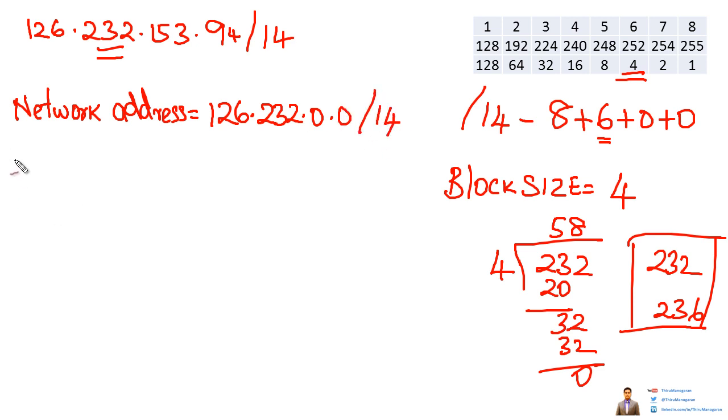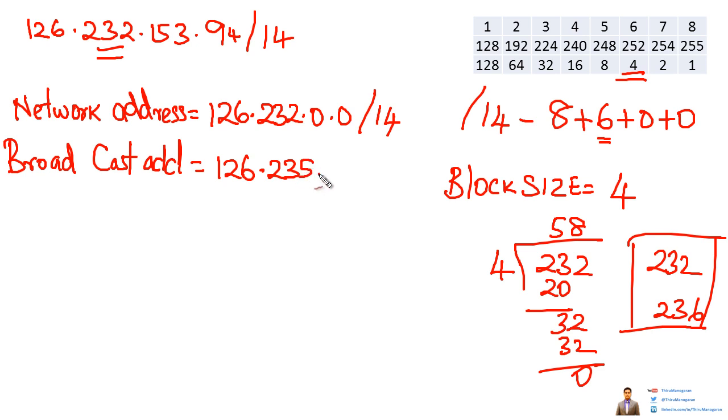The broadcast address would be 126, and the next block is 236, so one before that, 235.255.255 with a 14-bit mask.